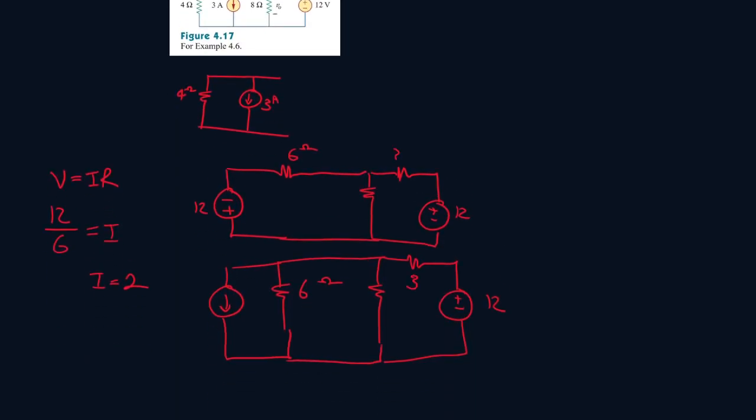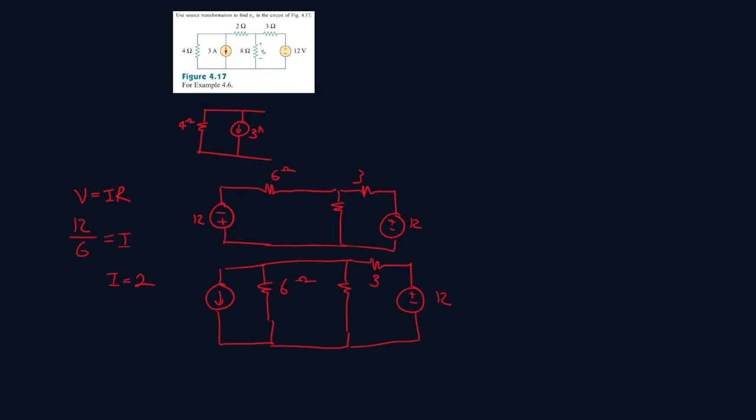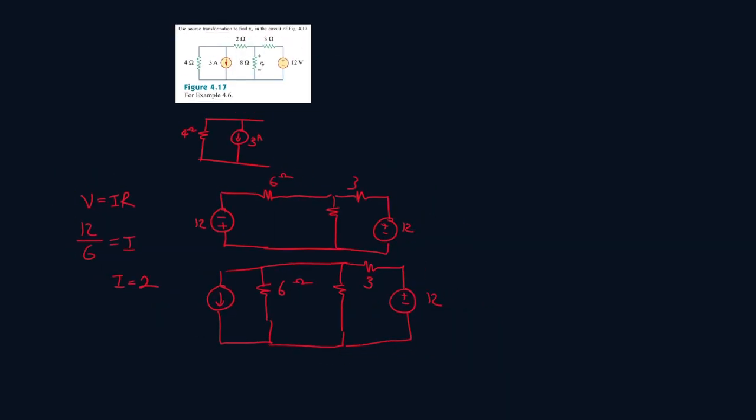Okay? So now we have something like this. Well, aren't we back at this step? Well, no. See, our current here is 2. We had a 6 ohm resistor and a 3 amp current; here we have a 2 amp current and a 6 ohm resistor. And also we can put it this way as well, because they're still on the same node. So this is still the same.